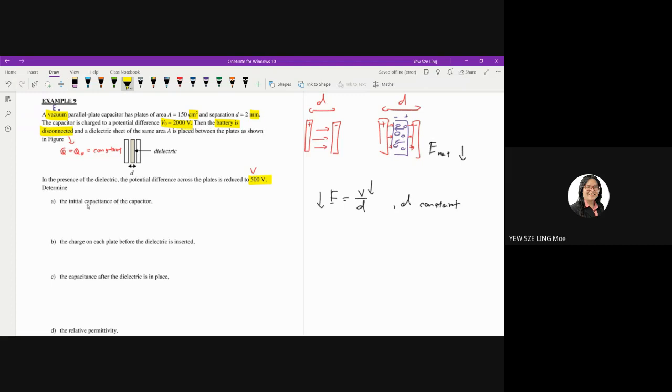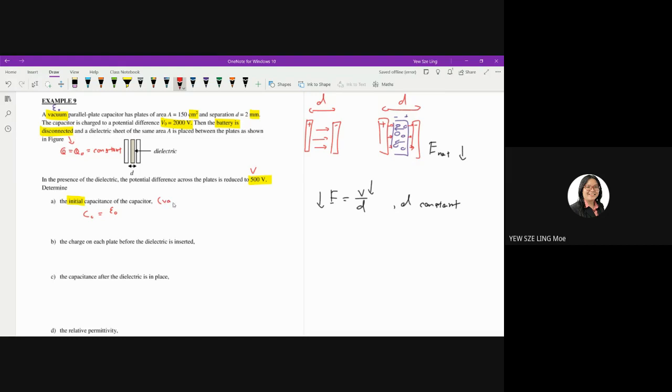Question A asks you to calculate the initial capacitance, meaning still without the dielectric sheet. It's still vacuum, so you need to use all of the information for vacuum. So C naught equals epsilon naught A over D, because you're still looking at vacuum.